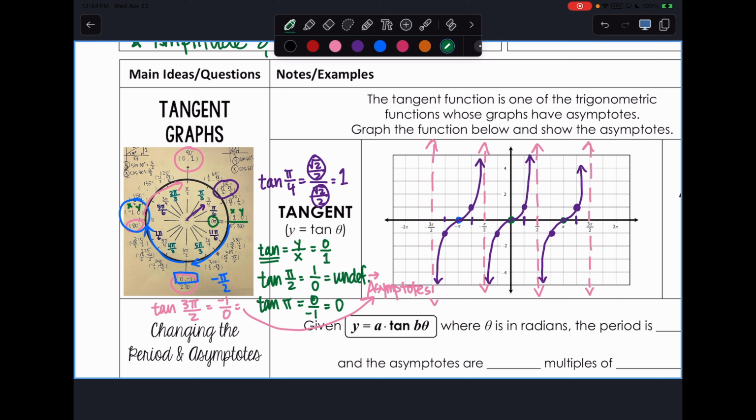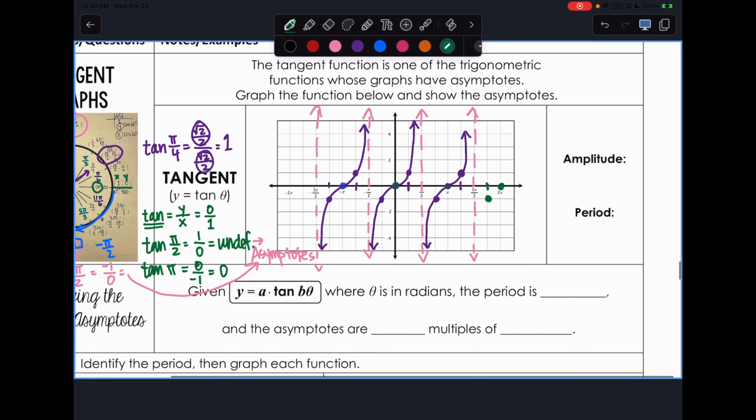Okay, so I'll do my center point here on the right. And then I'm going to go to the left one, down one for my second point. And then to the right one, up one. And my asymptote, if I were to extend my graph, I would end up having one more unit here with the asymptote, right?